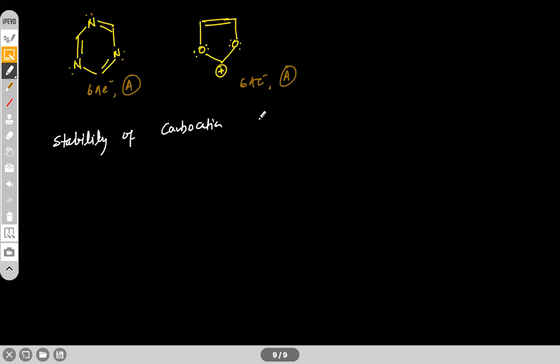It is directly proportional to, in the previous one we have discussed plus I, right? So here also it is directly proportional to the electron releasing effect, which is plus R, and electron withdrawing effect inversely proportional, minus R.